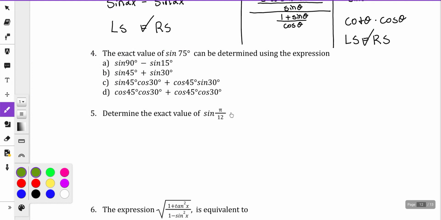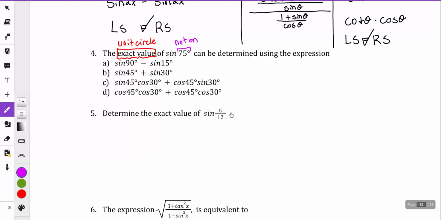When we see exact value questions, that usually tells us to use the unit circle. Typically, in trig, exact value screams unit circle. Then they give me sine 75, which is not on the unit circle.